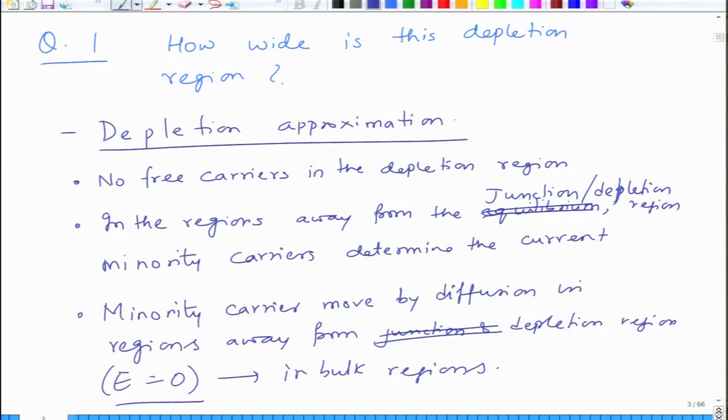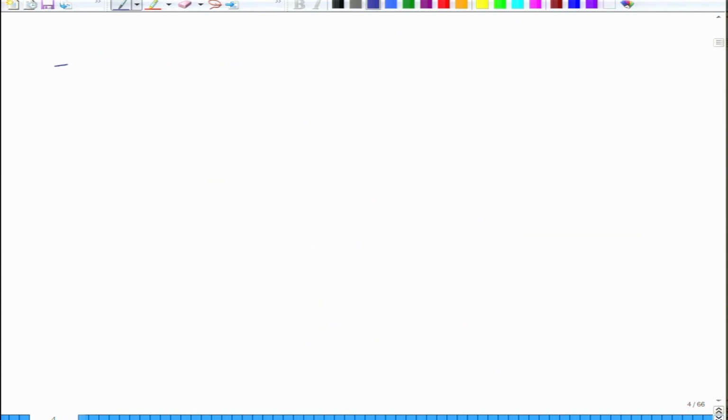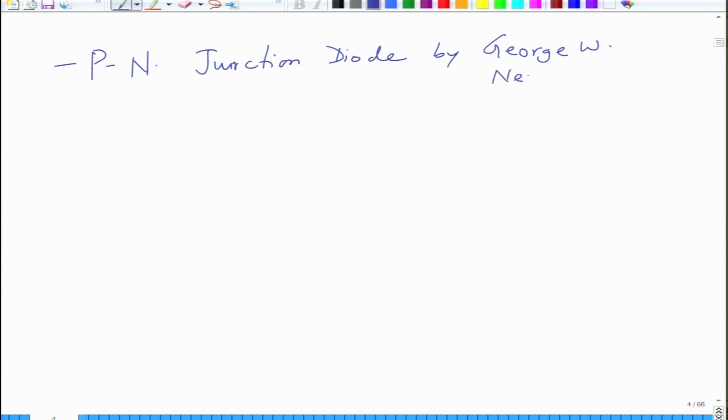Before I go into a little bit more detail of this, let me just mention the books. Books could be p-n junction diode by George W. Neudeck, and by S.M. Sze.